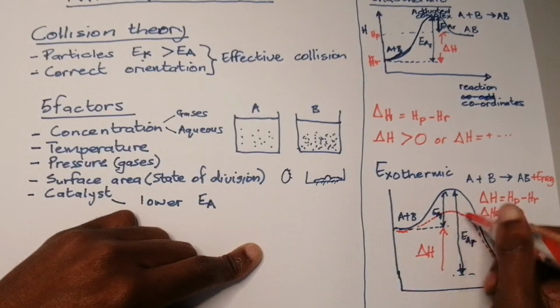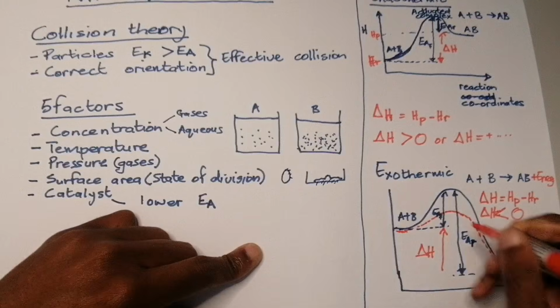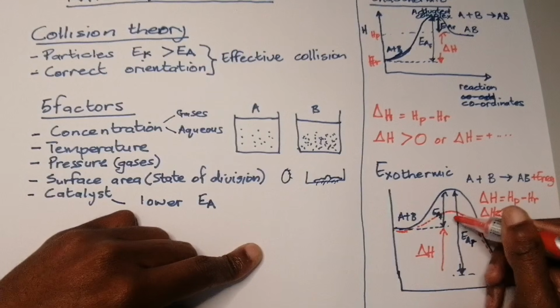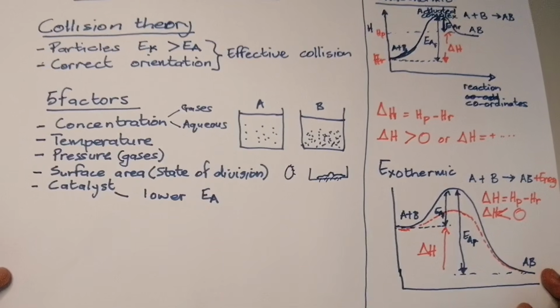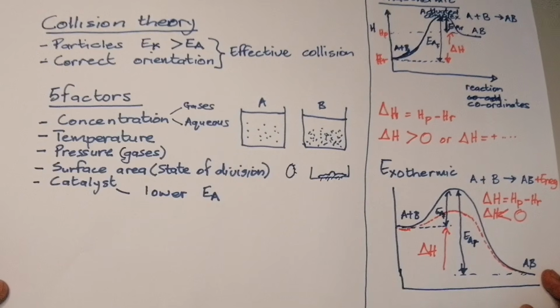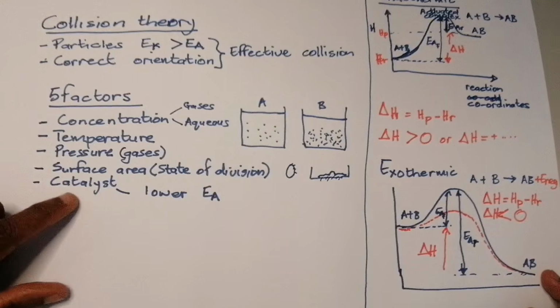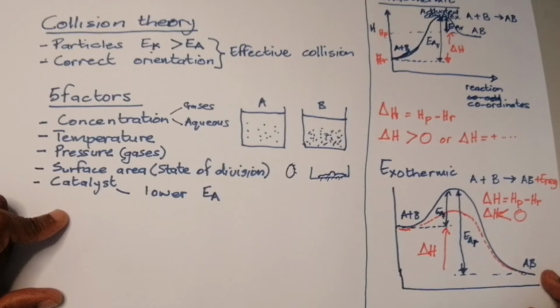Now I want you to note this red graph is a graph that shows us when we've added a catalyst. So when I say catalyst, I mean a positive catalyst in this case.